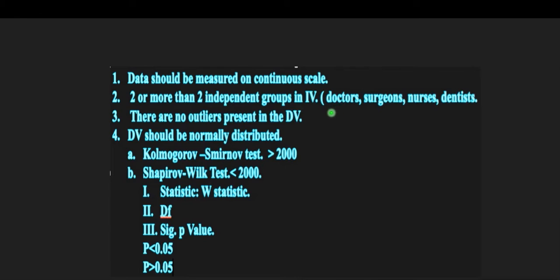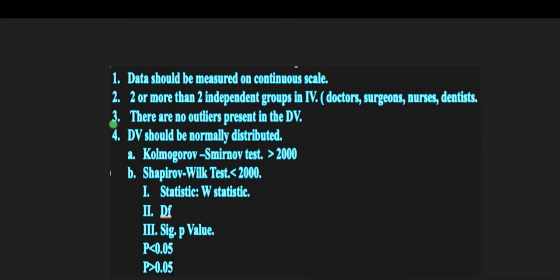Here the independent variable is profession, and we have doctors, surgeons, nurses and dentists, so more than three groups. Similarly, for education we have bachelor's degree, postgraduate, doctorate, and postdoc. So these are the different independent groups in the independent variable.